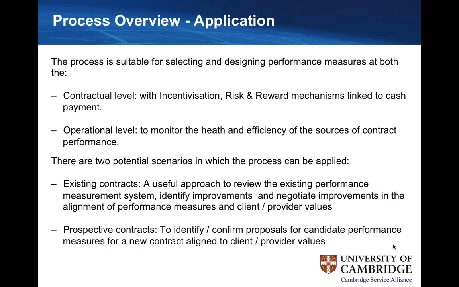And indeed, we repeated that with the Triple S contract. Triple S was the surface ship support contract. But you can also use it for prospective contracts. So if we've got a new contract coming up and you want to think about what should be the KPIs that are built into the contract, then I think the same methodology applies for thinking about what the right KPIs might be.